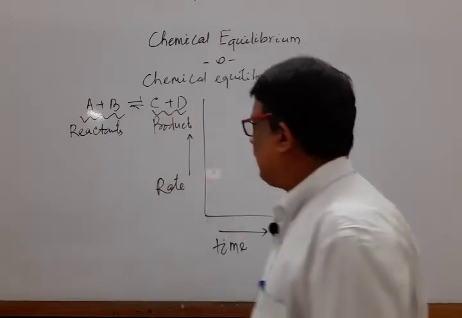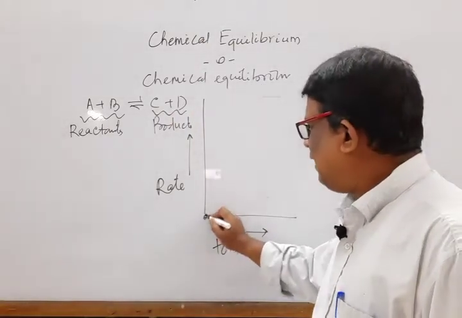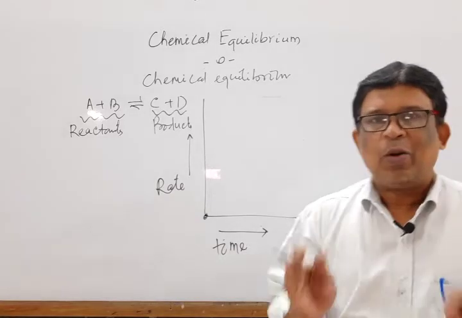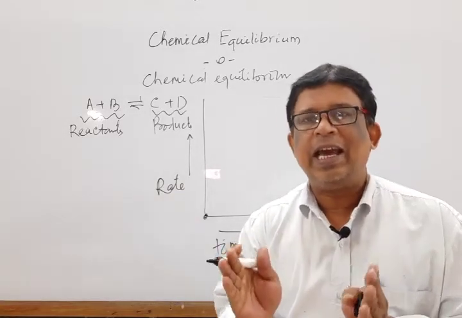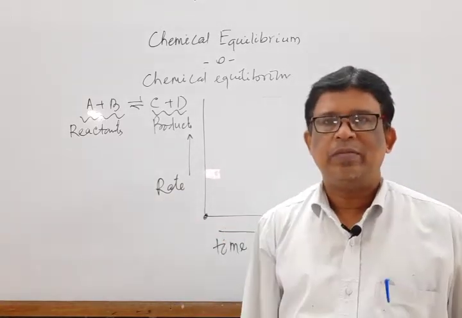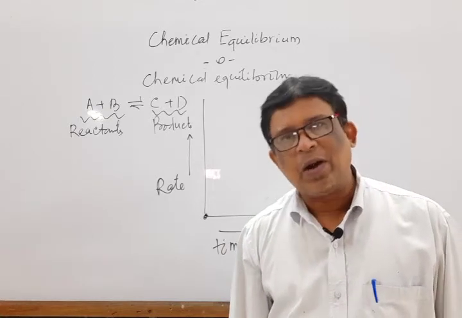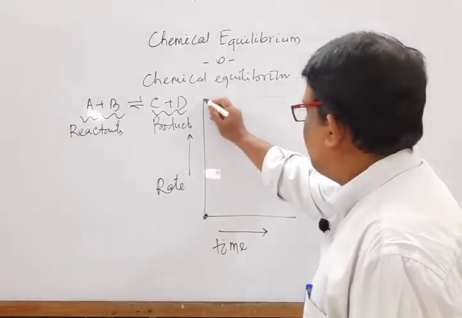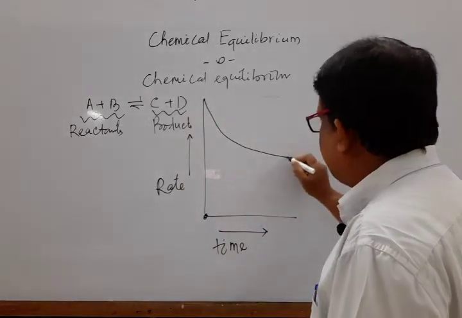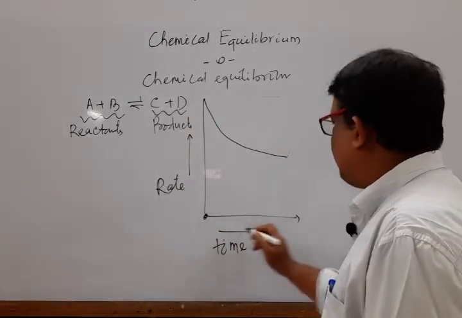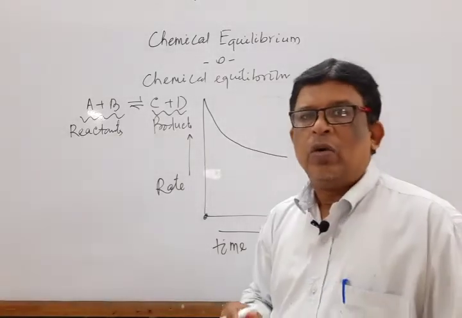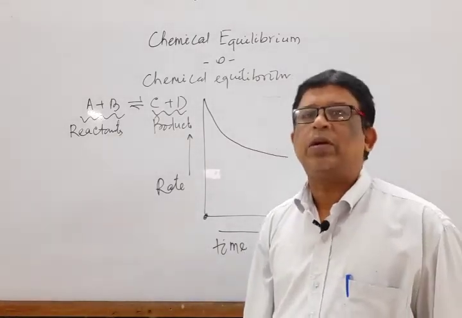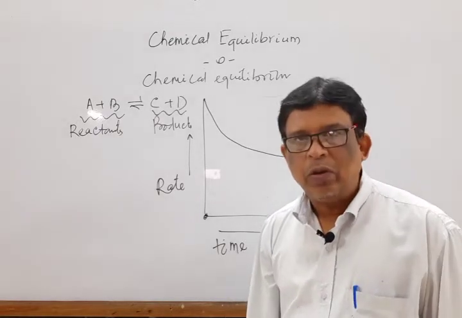Mark that. So when time t is equal to 0, what is the concentration of reactant? The concentration of reactant, that is A and B, is maximum, while that of product, that is C and D, is minimum. So mark that when the time progresses, meaning the reaction continues, after a certain time interval, what do we observe?